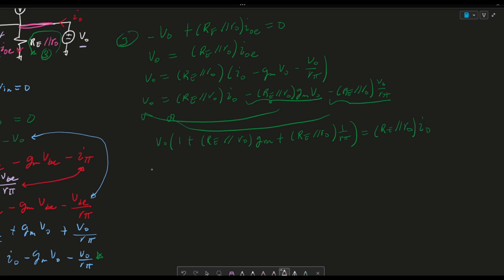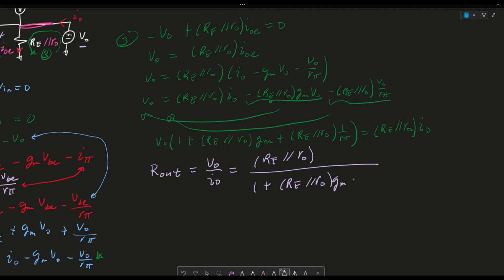And essentially now we get our answer, which is R out, which is equal to V out over IO, which is RE in parallel with RO over 1 plus RE in parallel with RO times gm plus RE in parallel with RO times 1 over R pi.